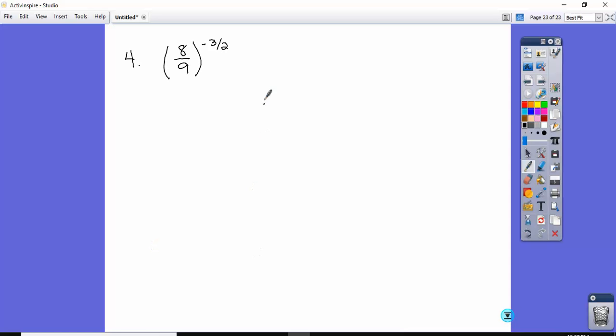Flips it. So this is 9 over 8 to the positive 3 over 2 power. Okay, let's write that in radical form. If you put your radical, what number goes on the outside? Right, the 2 comes from the denominator.